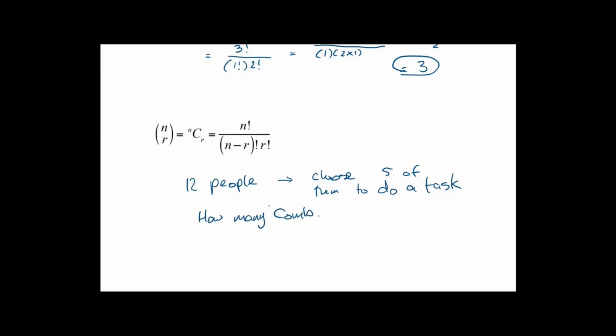The first thing we need to ask is, does the order matter? And the answer is no. As long as we're just choosing 5 people, any 5 people would do. So our n, the total number that we've got to choose from, is 12, and the r that we're going to be choosing is 5.